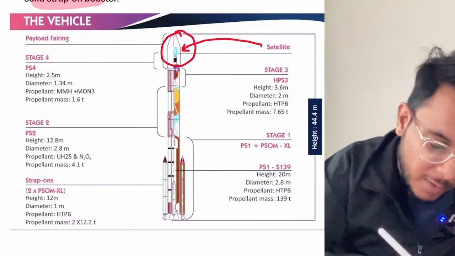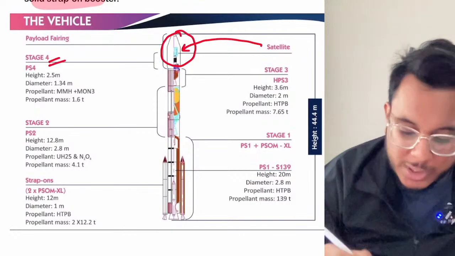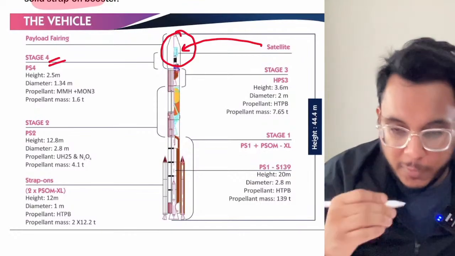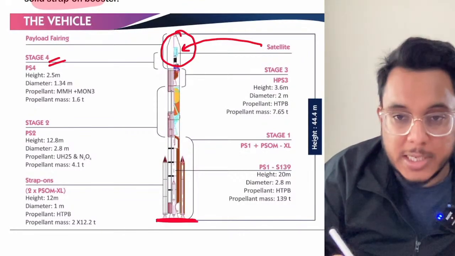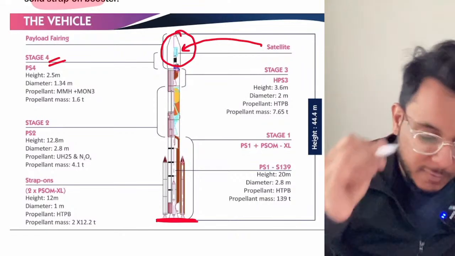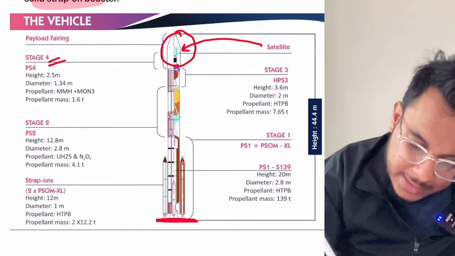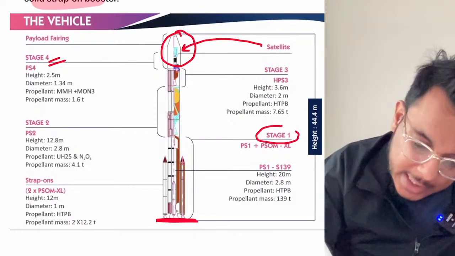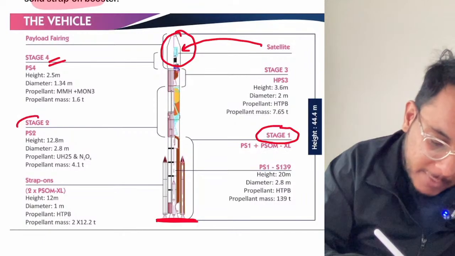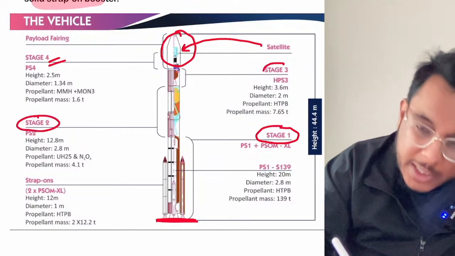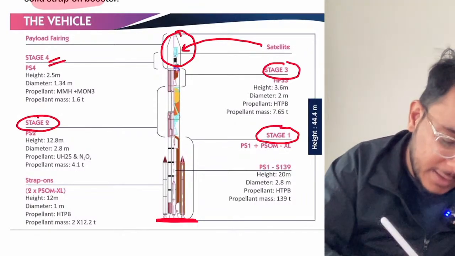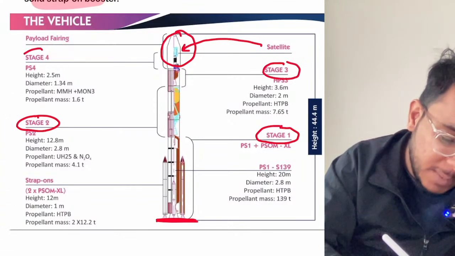Then first of all we have stage 1, 2, 3, 4. At the base there will be stage number 1, then stage 2, then stage 3, and finally stage number 4.